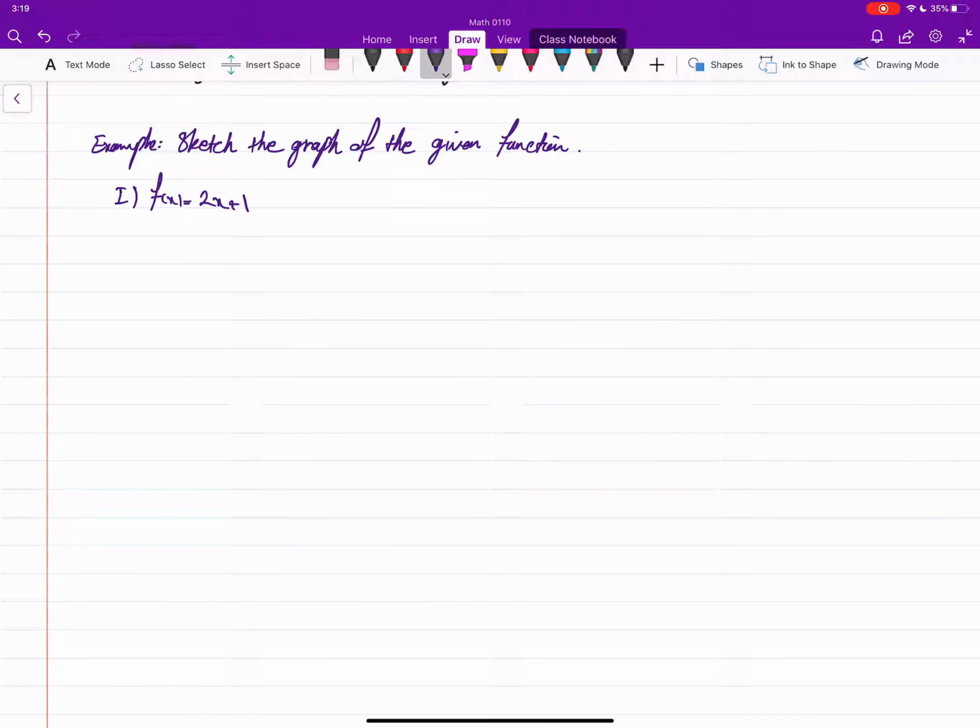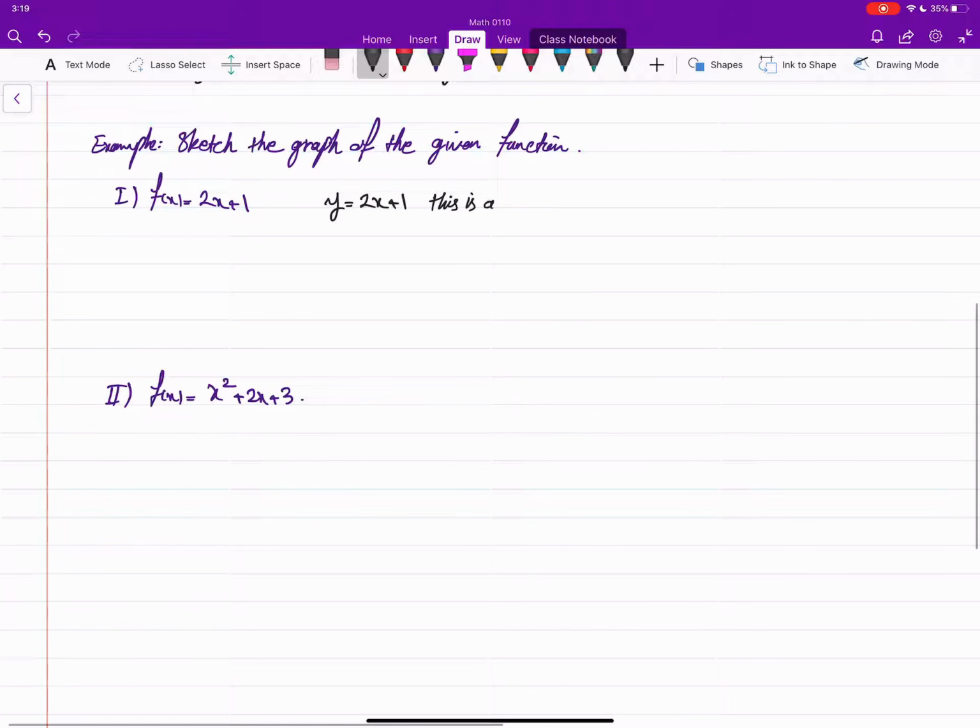The second one is f of x equals x squared plus 2x plus 3. Well, in both cases, we will start with the fact that we are trying to find all points whose y is equal to f of x. Right away you see that this is an equation for a line.